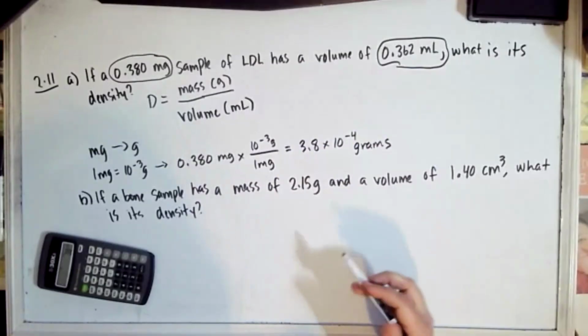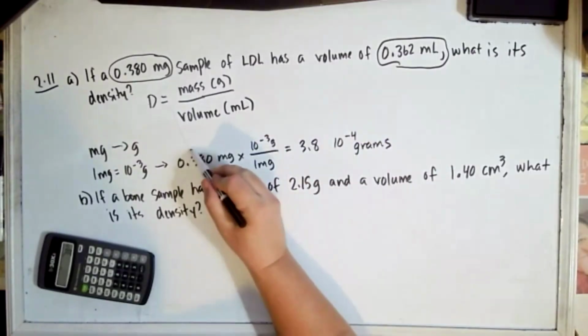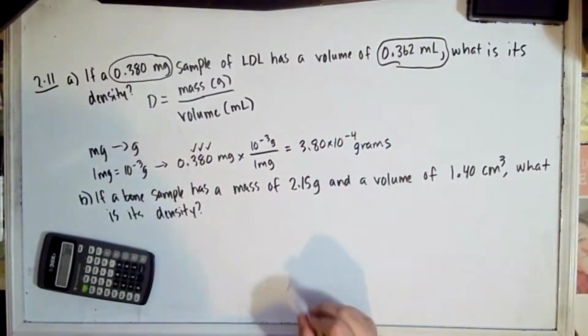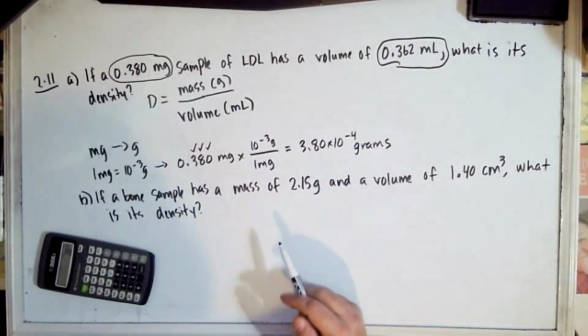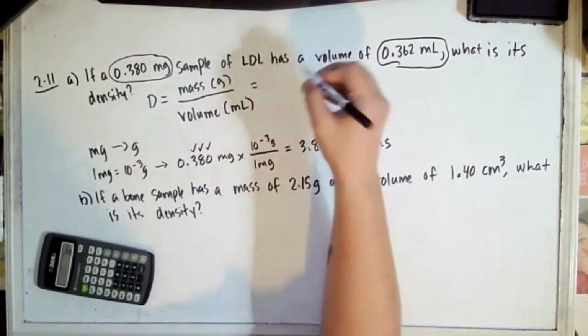Once you have the value in grams, it actually should be the 3 significant figures still because this has 3 significant figures. So once we have our value in grams, our volume is already in milliliters. So now we can plug this in directly.